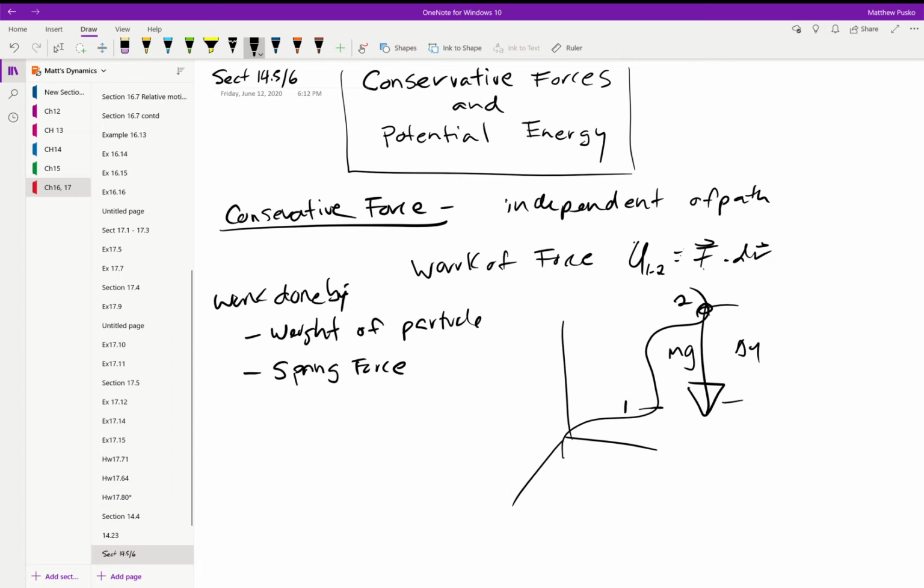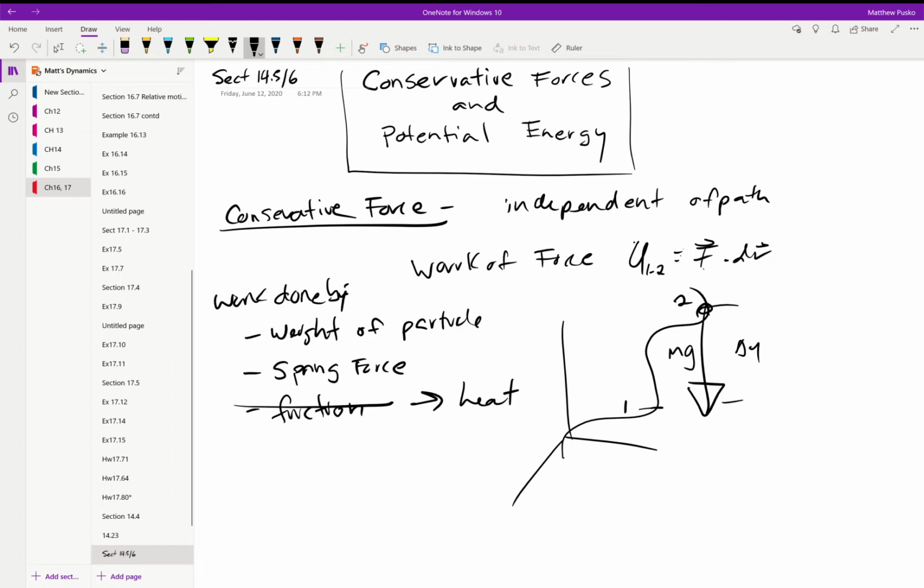What else? We cannot say friction, so friction is not conservative. The common sense reason is that it turns into heat, so we lose it. But also the work done by frictional force does depend on the path. The longer the path, the greater the work.